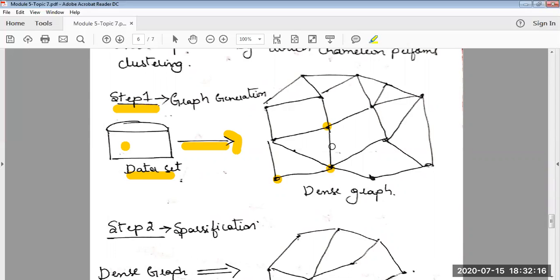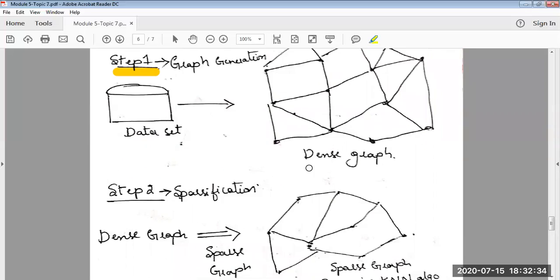Now, if you directly give this graph to the clustering algorithm to create smaller clusters with data points closely related to one another, it will be a very heavy job for the clustering algorithm. It will be a load on the algorithm. So, what is the solution for this? As explored in many of the previous algorithms, the solution is sparsification, meaning that from the dense graph you will create a sparse graph as shown in this step.